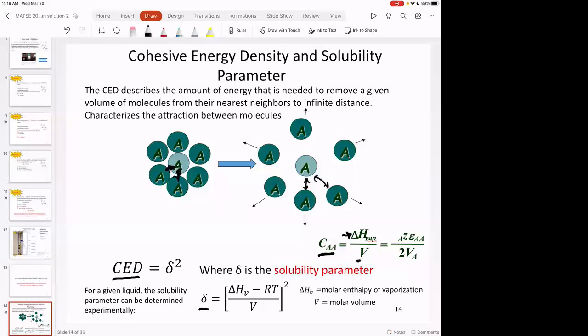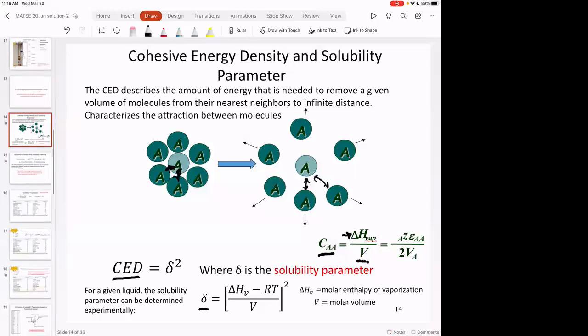And then we have this volumetric quantity, or the molar volume, so we get energy per volume for the cohesive energy density. And so we can derive the solubility parameter from that. The cohesive energy density is not the important part of this slide. It's the solubility parameter, and learning how to work with solubility parameters and what they mean, that's important.